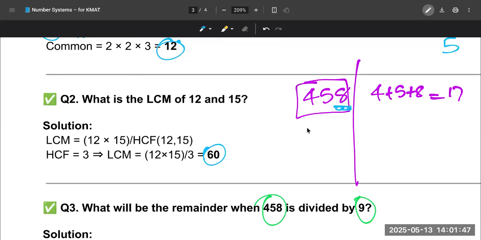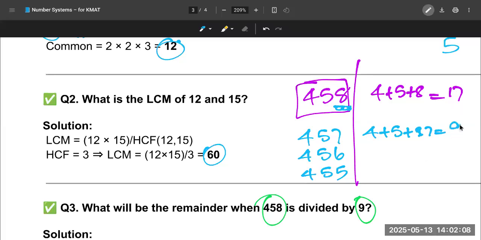We can decrease: 457, 456, 455, and so on. But the sum of the digits has to be divisible by 9. So the only number before 17 which is divisible by 9 is 9.